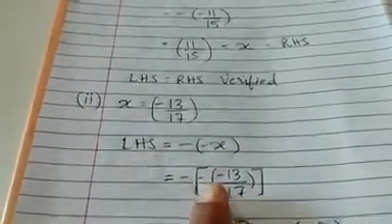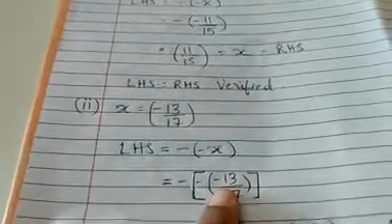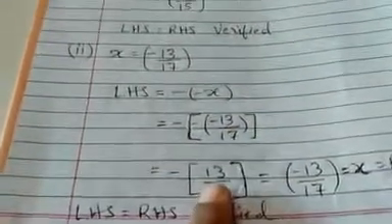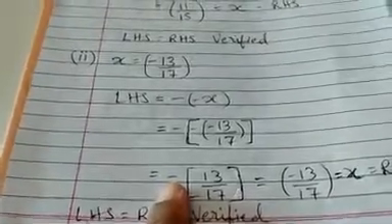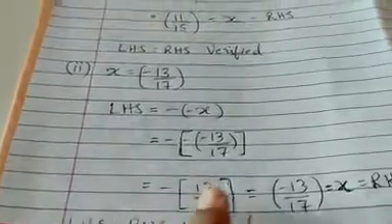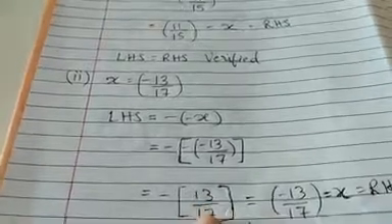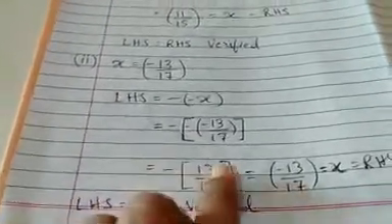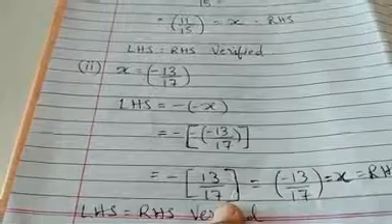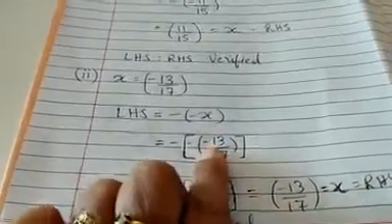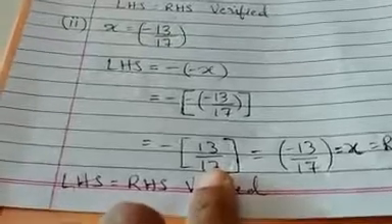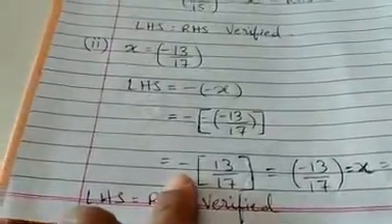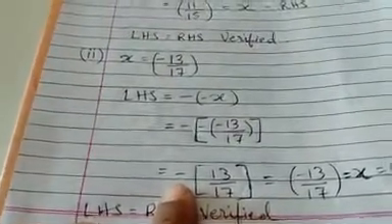Right? Negative multiplied by negative becomes positive. One more negative sign is there outside the big bracket. Right? So, again you have minus 13 by 17. From negative 13 by 17 you get positive 13 by 17, and one more minus sign is waiting outside the big bracket.